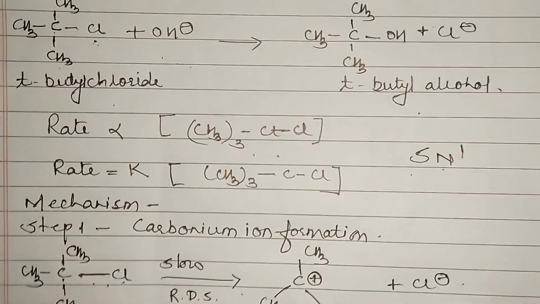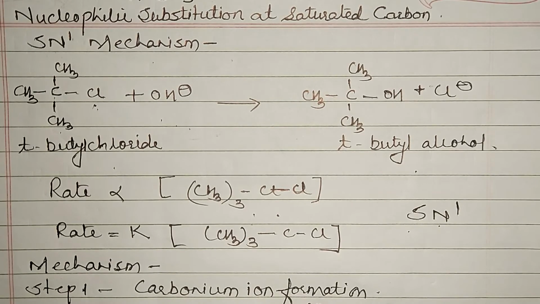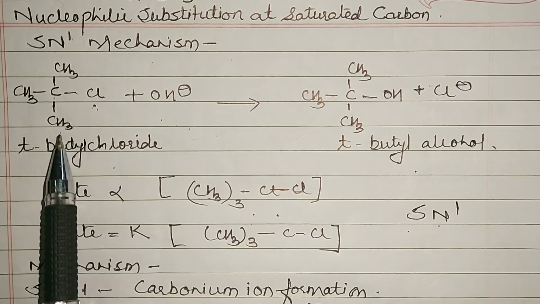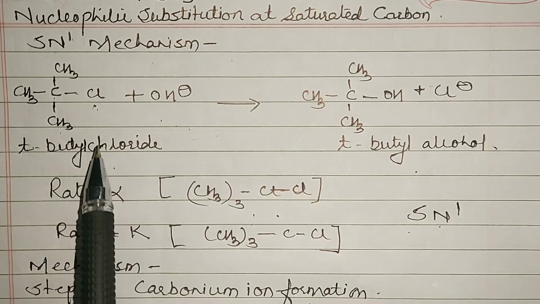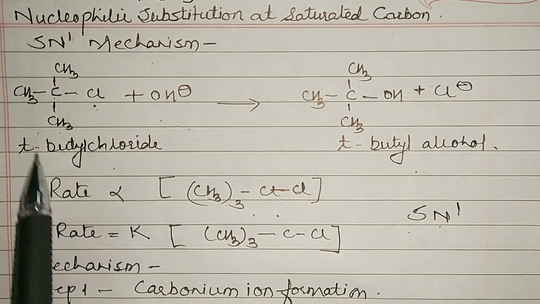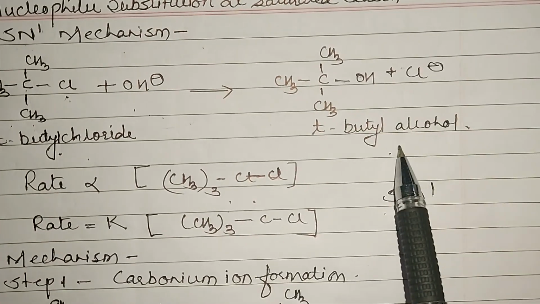So today we learn about SN1 mechanism. In this reaction, the example is tertiary butyl chloride, and it gives tertiary butyl alcohol.